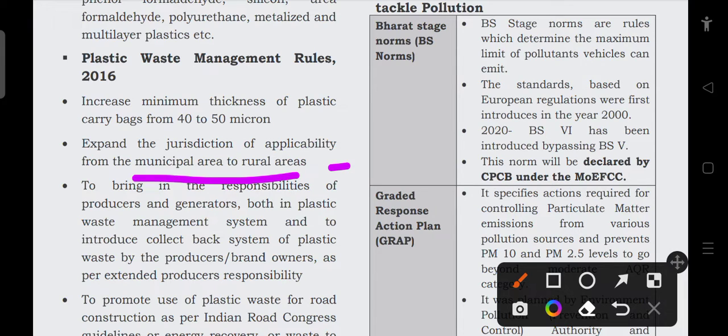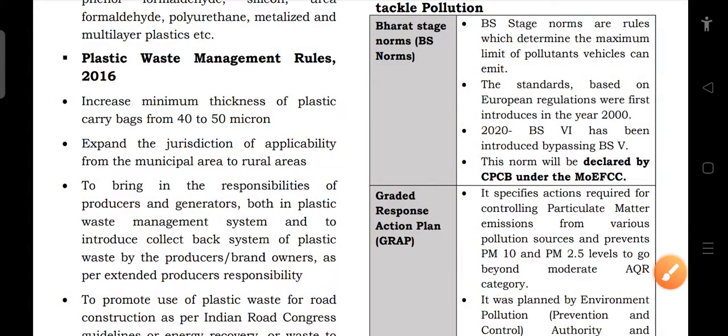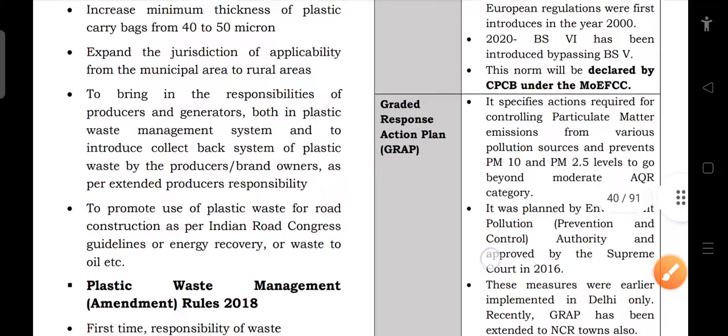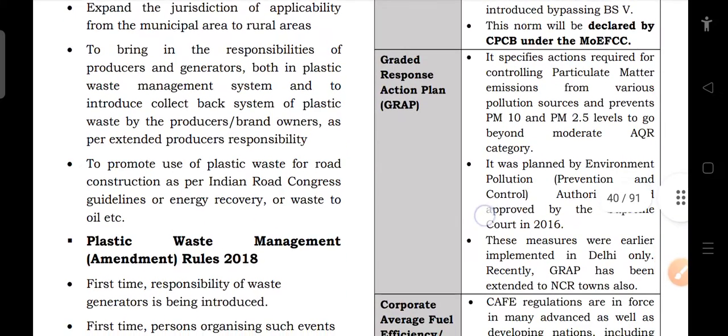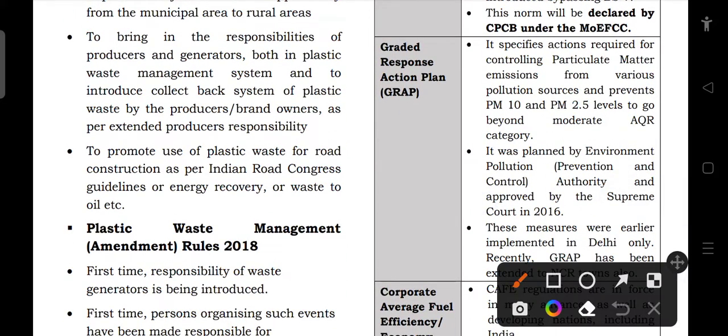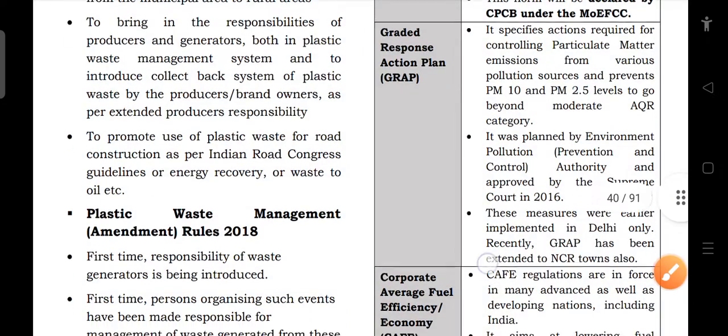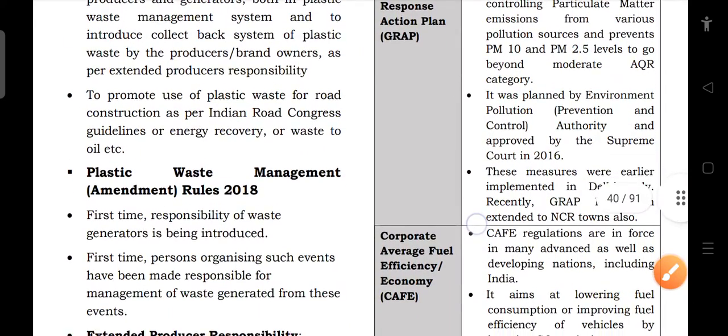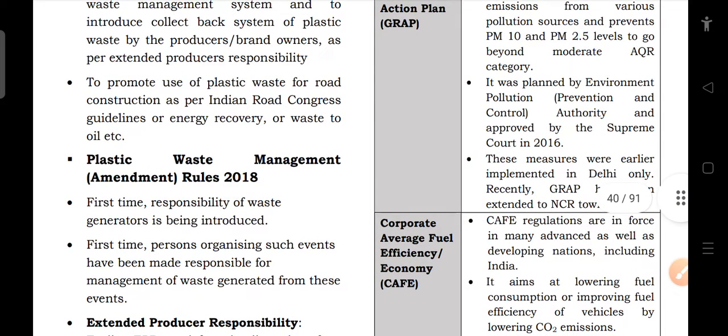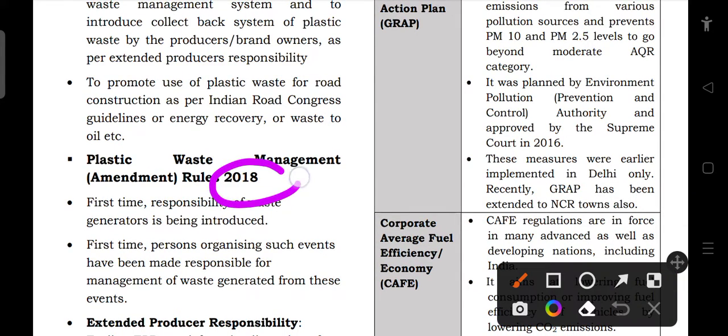They have to collect back the plastic waste generated and dispose of it or recycle it, and promote the use of plastic waste for road construction, as per Indian Road Congress guidelines, or energy recovery or waste to oil, etc.